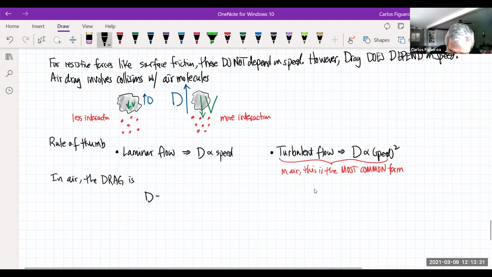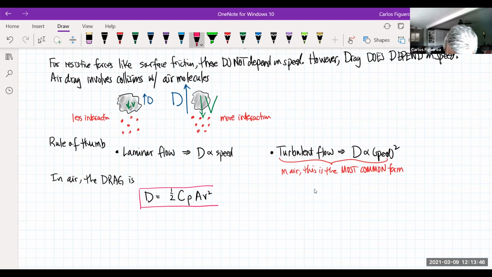D is going to be equal to 1/2 C rho A V squared. So this is the drag force. What do I mean by the drag force? I want to go through each of the parameters here.